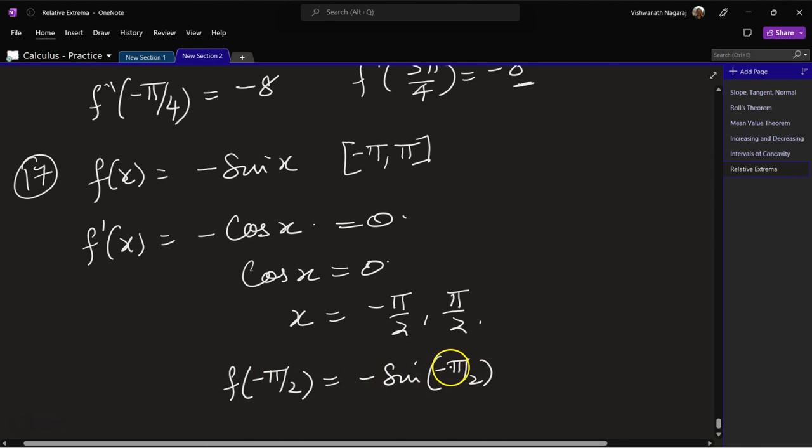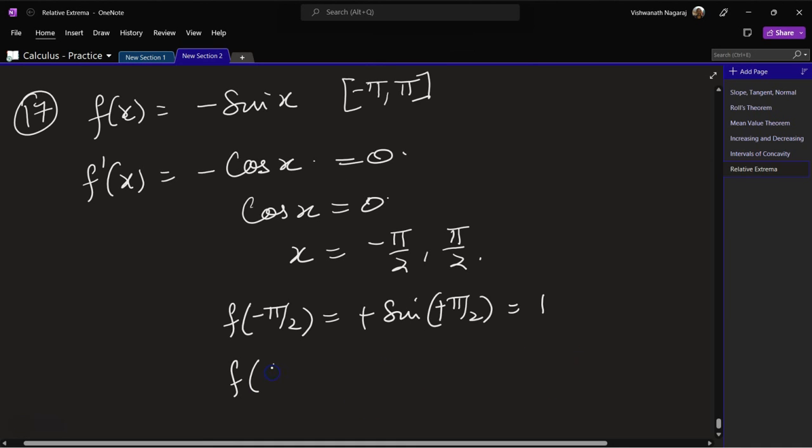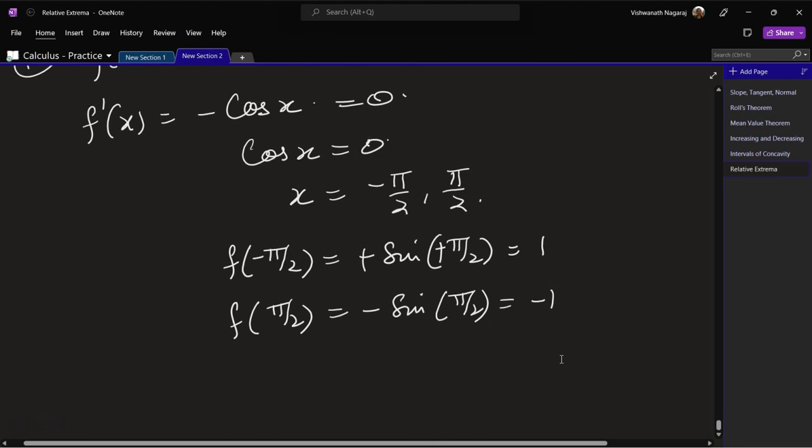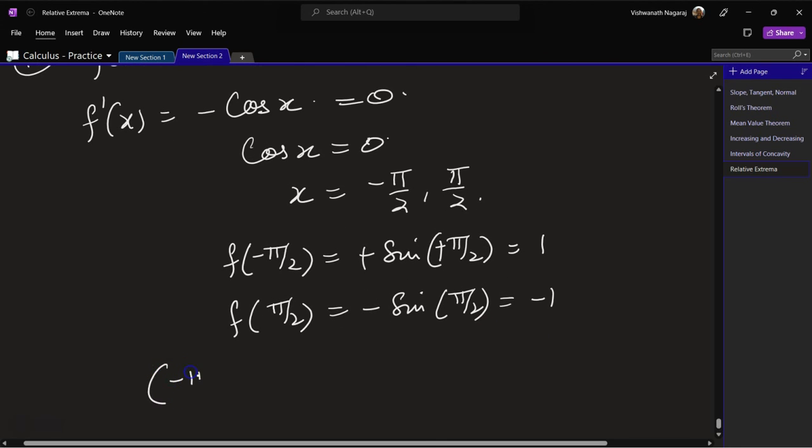This minus we can take out, so this becomes plus sin π/2, which is 1. f(π/2) is going to be -sin π/2, which is -1. So the coordinates are (-π/2, 1) and (π/2, -1).